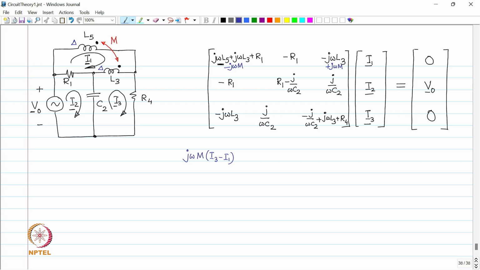Minus I 1 is the current entering the dot at L 5. So, therefore, the extra drop is going to be minus j omega m times I 1, or j omega m times minus I 1. Fine. Is the first equation okay? Anything else will change?